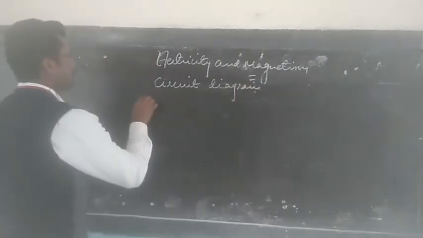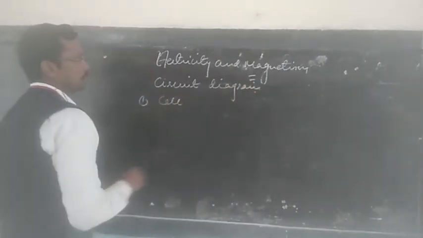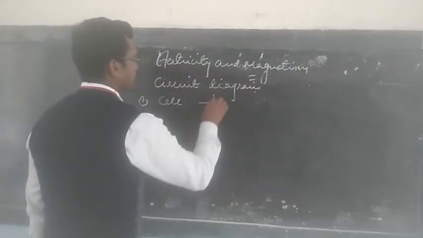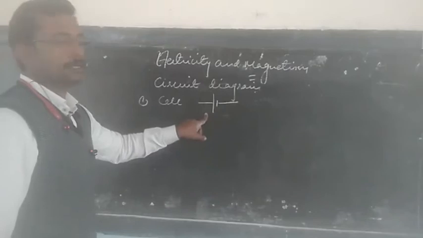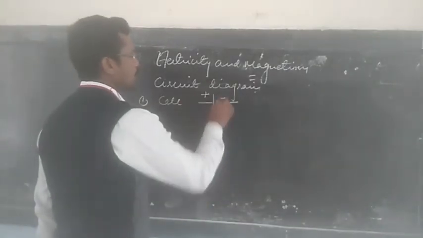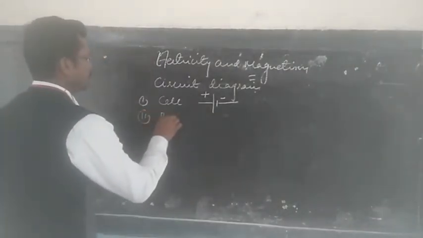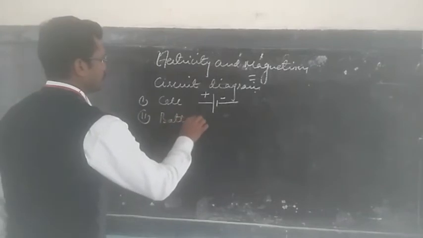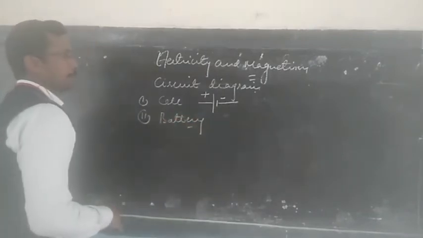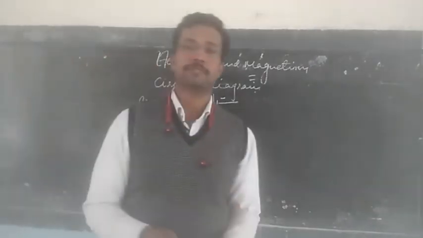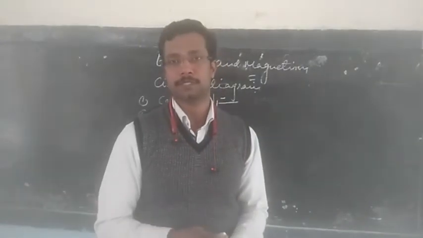Next we can see some important symbols of various elements. For example, the cell. The cell diagram can be with two vertical lines, small and big. The bigger one represents the positive terminal and the smaller one the negative terminal. Second will be the battery. Battery is also called a group of cells or combination of cells.